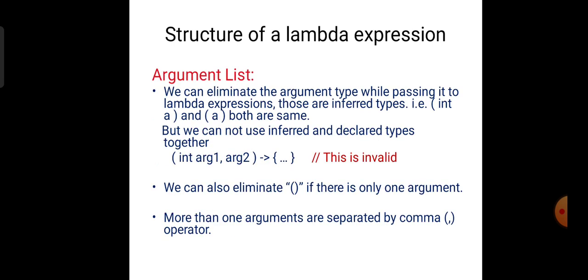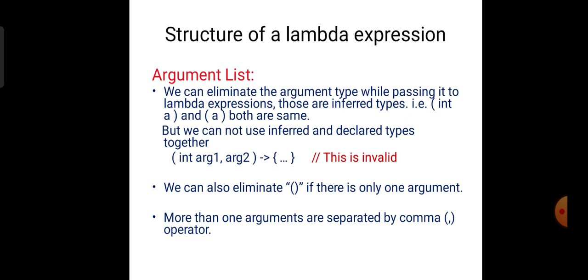Then we have to discuss the argument list. We can eliminate the argument type while passing arguments into the lambda expression. Both are the same, int a comma b. So we have to determine the same data type, or declare the types, but we cannot use the inferred type and declared type together. This is invalid.